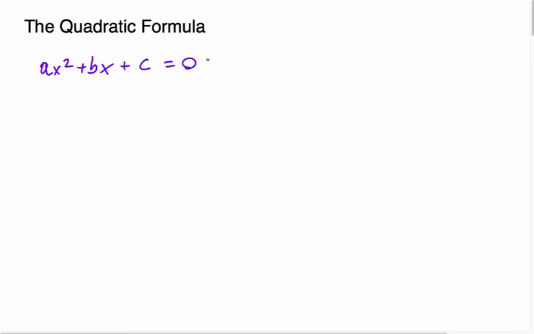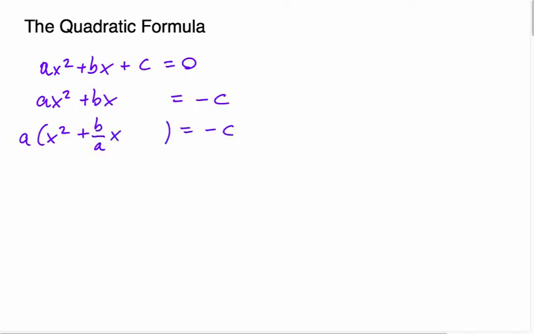And let's use the method that we took a look at in the last video, solving by completing the square, essentially. So I moved this c value to the other side and factored out an a value, and then figured out what needs to go in here to complete the square, and that's half of this value, which is b over 2a, and then I have to square that, and I get b squared over 4a squared.